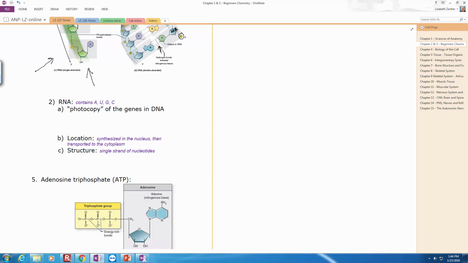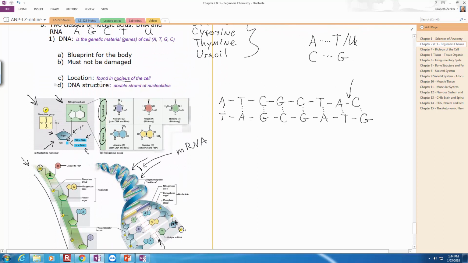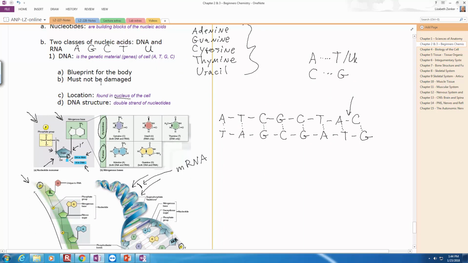So if we go back up to here, let's say this is our DNA piece that we unzipped, and let's say it's connected to the rest of the DNA over here, right? But we unzip this one section and we need to read off that one gene. So what would the piece of RNA look like that base pairs with that one section of DNA?